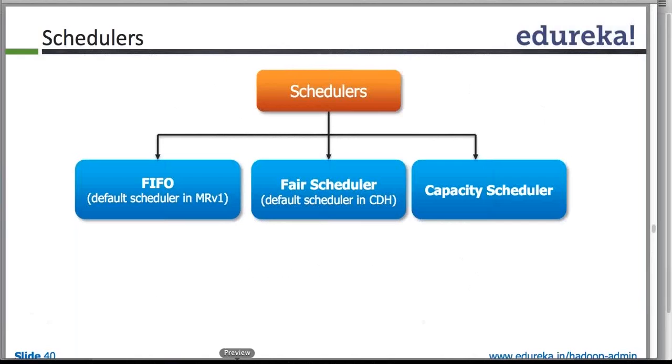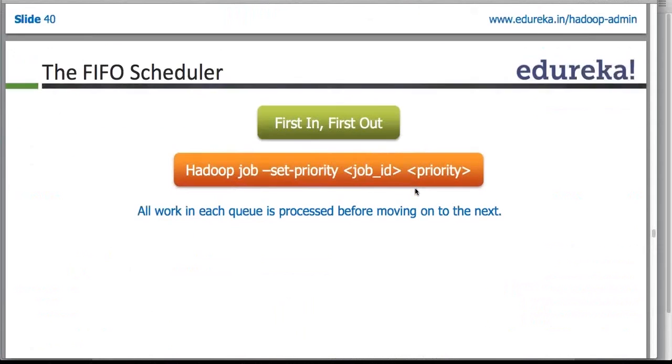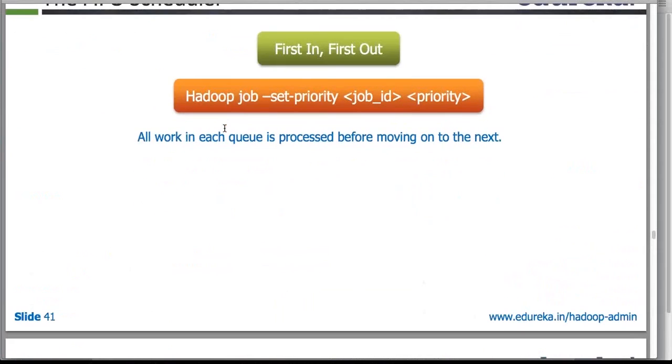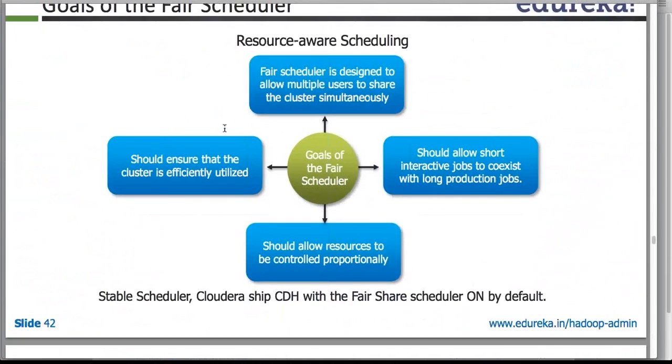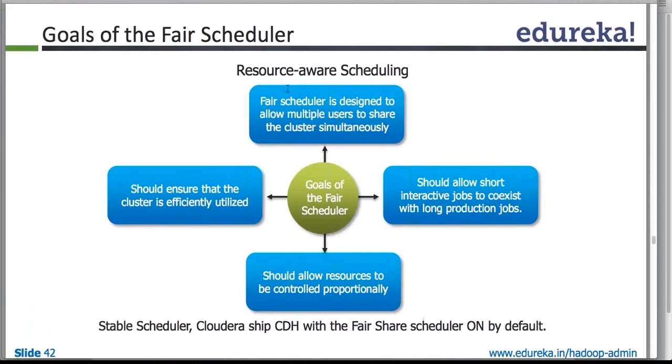So what is the other way? I have 2 more schedulers, the fair scheduler and the capacity scheduler. FIFO is first in first out; whoever submits the job first will get to use the Hadoop cluster, but this is not used in production. So the fair scheduler came into the picture.